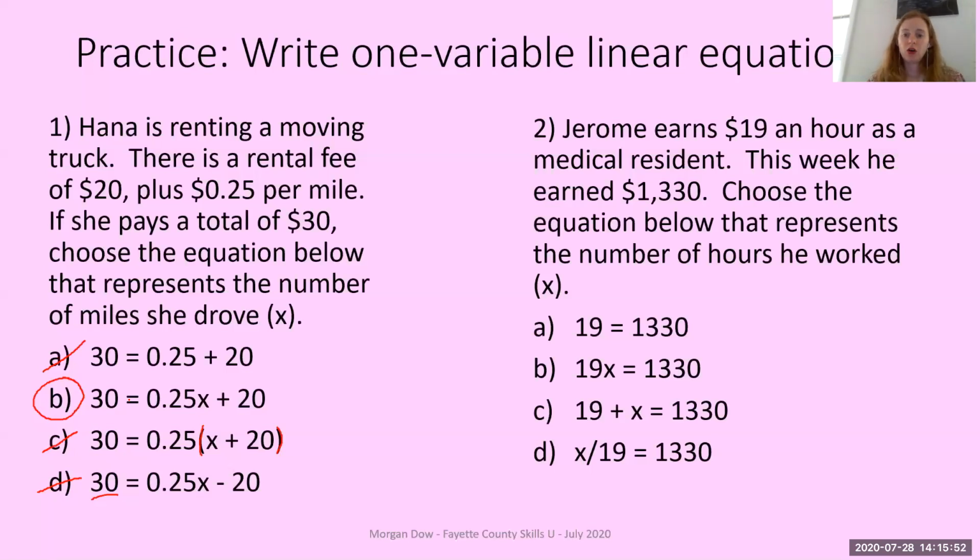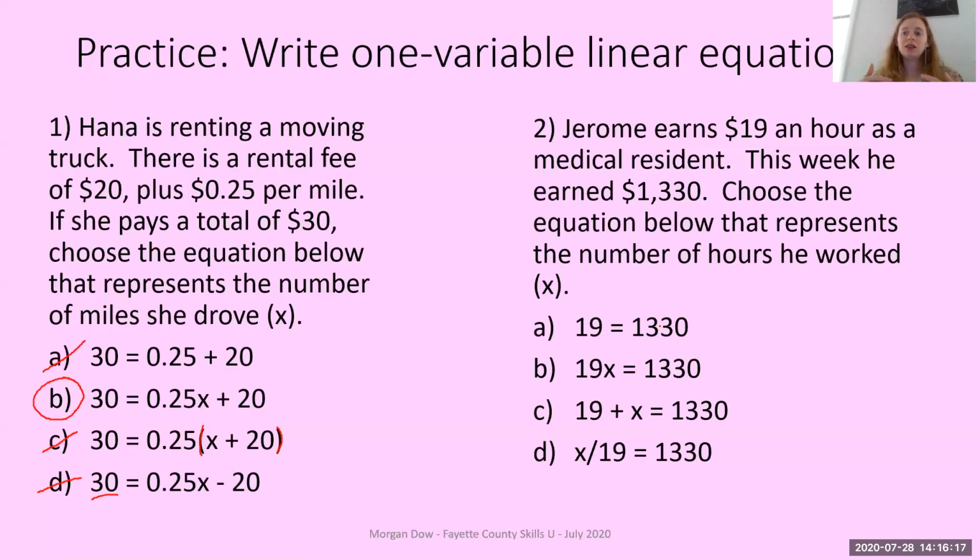All right, so if we look at our 4 answer choices here, we see that on one side of the equal sign is the total amount, his total earnings. Even though it's flipped around from the last example, right? The last example had the total amount on the left side of the equation. In this example, we have the total amount on the right side of the equation.